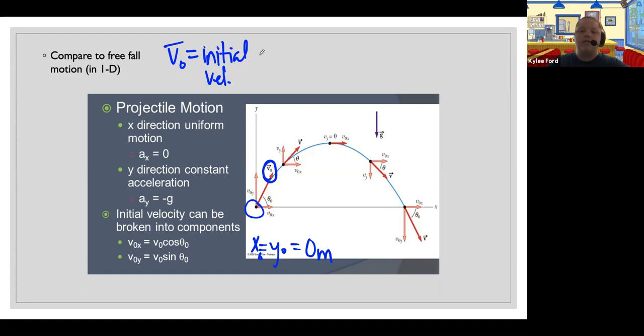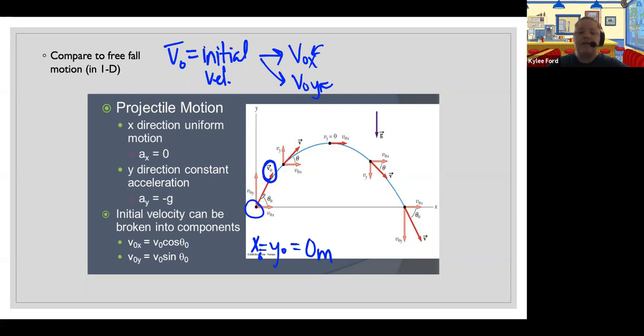So this we can break down into v naught x and v naught y. These are both initial velocities, but this one is in our x direction and this one is in our y direction. So we can describe everything that's right there.